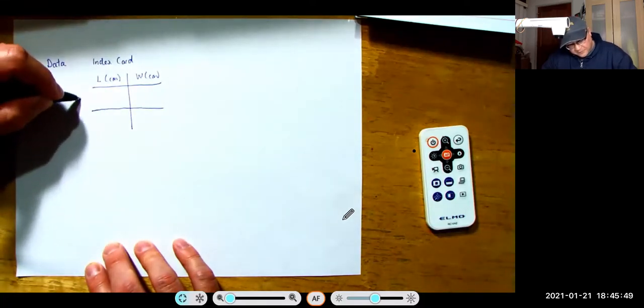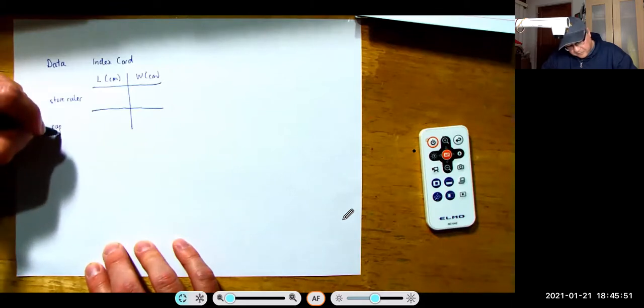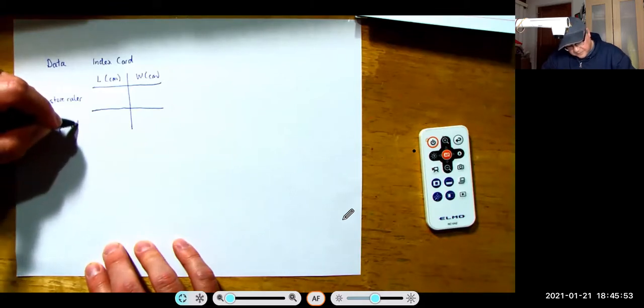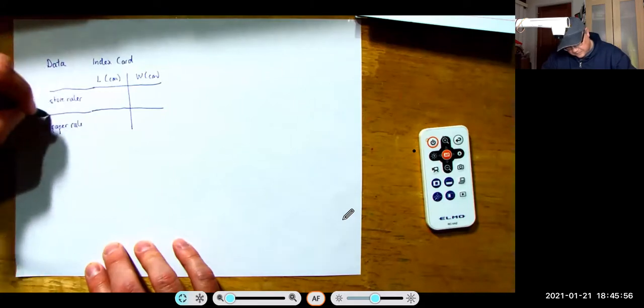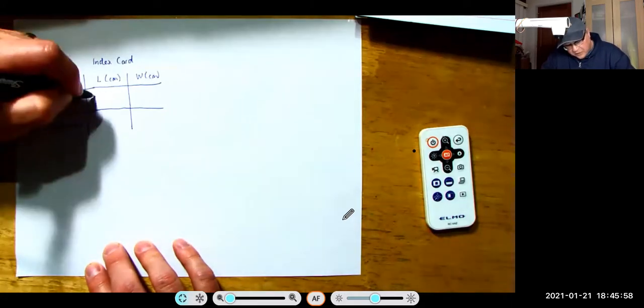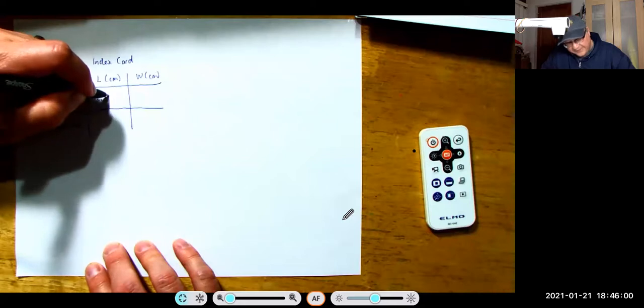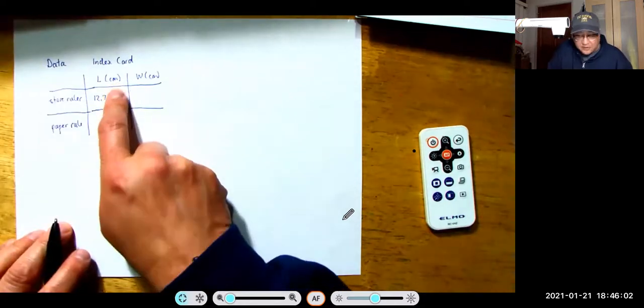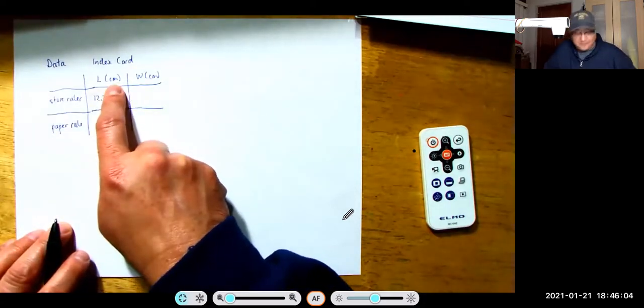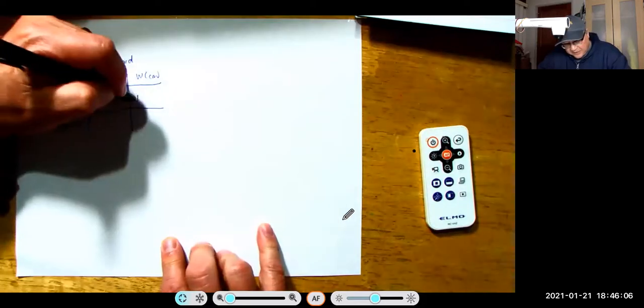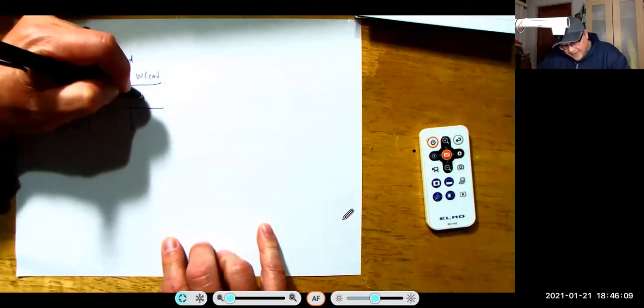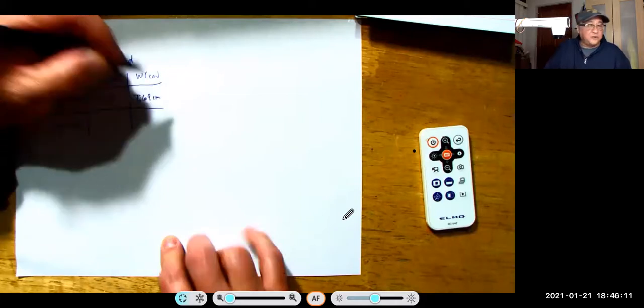Store ruler, paper ruler. 12.73. I don't have to write centimeters because centimeters is in the title. 7.69. I think that's the value we got.